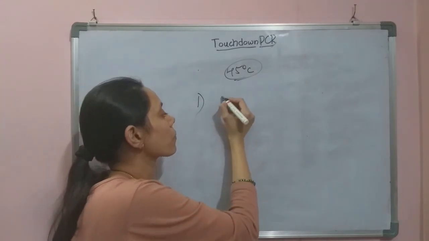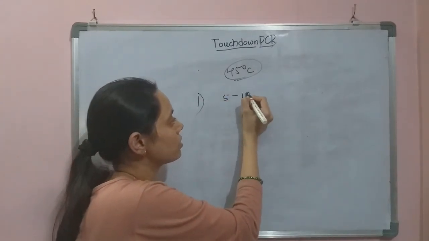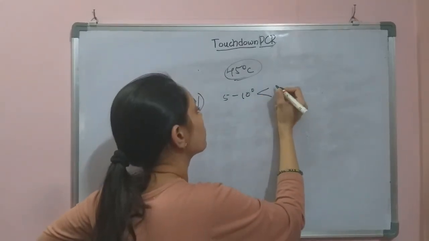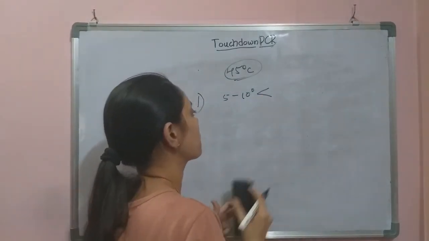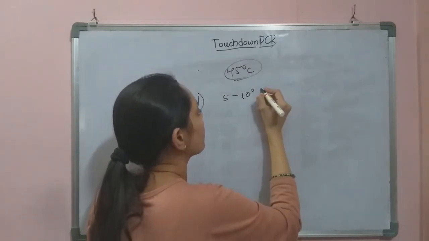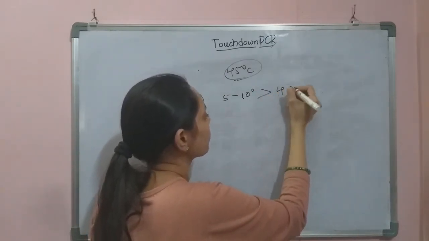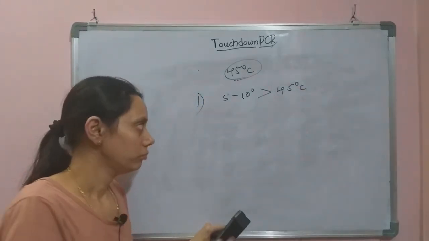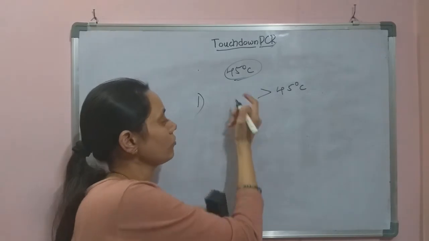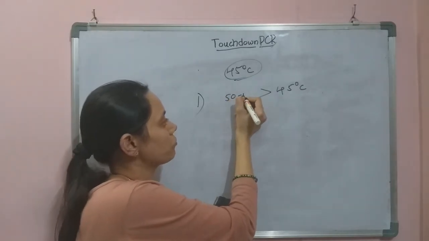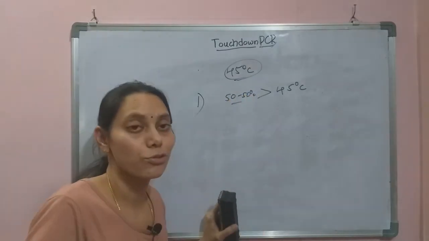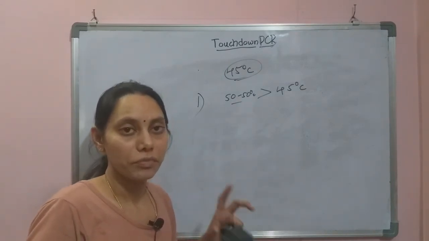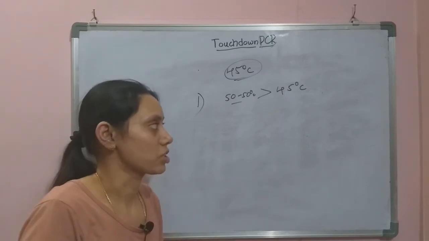So 5 to 10 degrees more than the 45 degrees generally used. That means 50 to 55 degrees is used for the initial cycles, the first cycle of the PCR reaction.